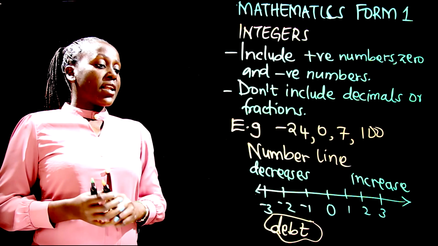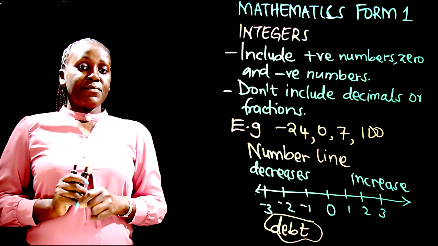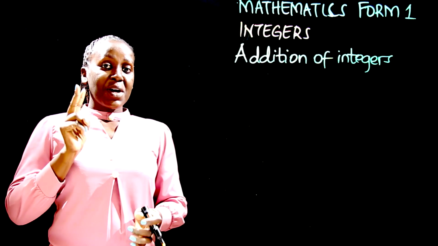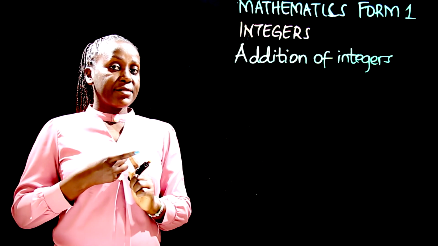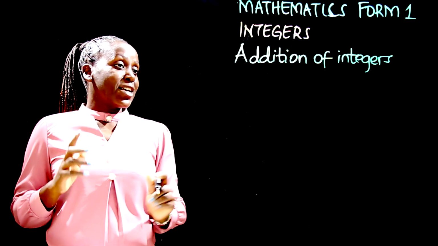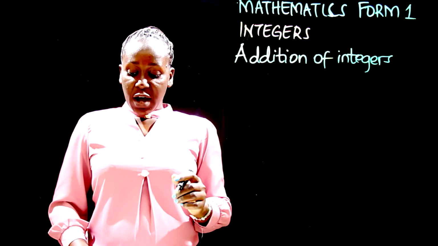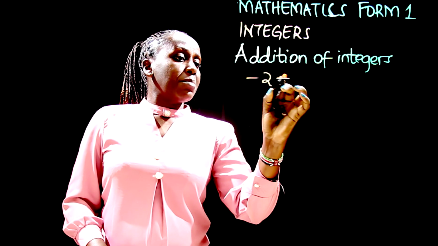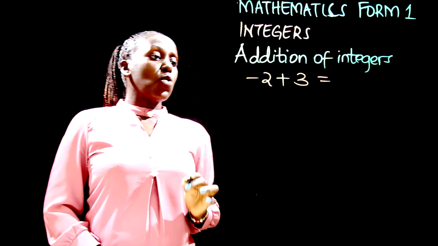So now we're going to learn how to add and subtract integers. Now, how do we add integers? We are going to learn 2 ways of adding integers. One, using a number line. Two, reasoning. So the first one, we are going to have an addition of negative 2 plus 3. What is it equal to?